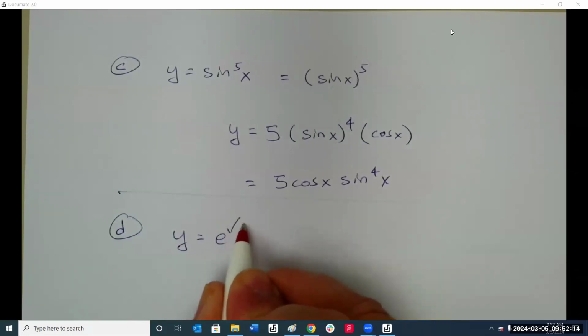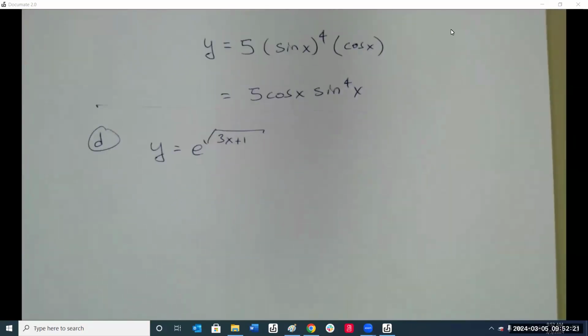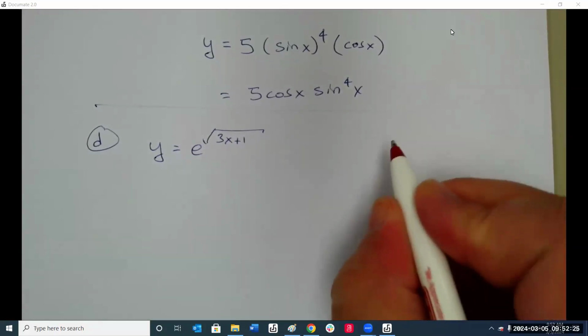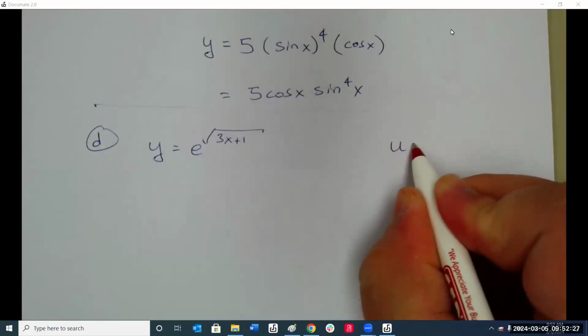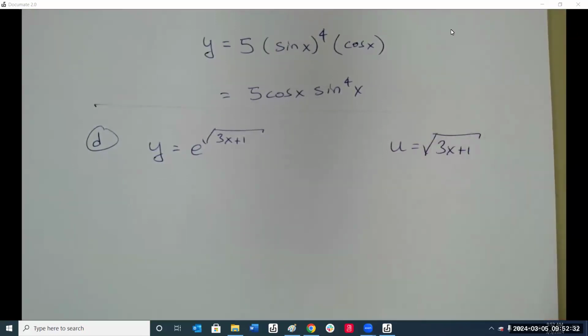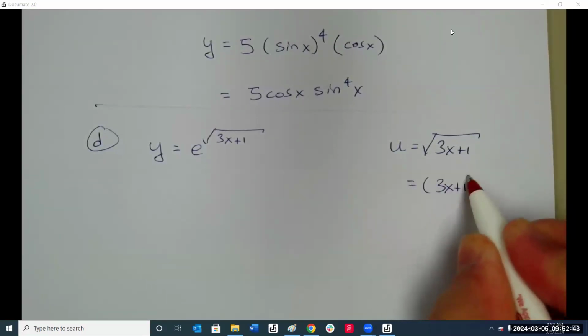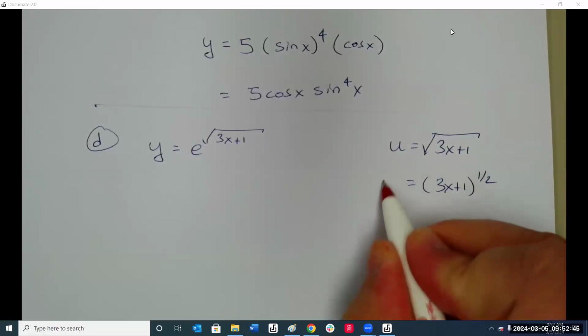E to the power radical 3x plus 1. So our u is radical 3x plus 1. What do we do with that? How can we rewrite that so we have a power? (3x plus 1) to the power 1/2. Very good.